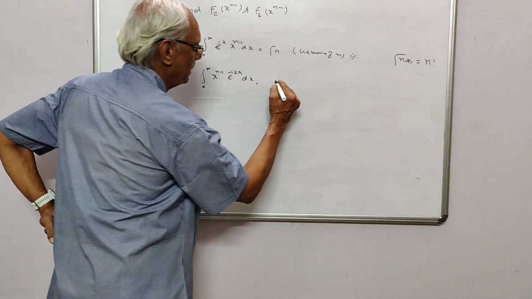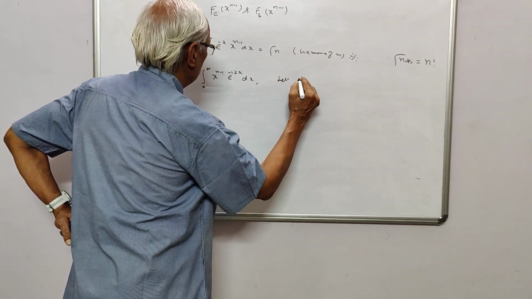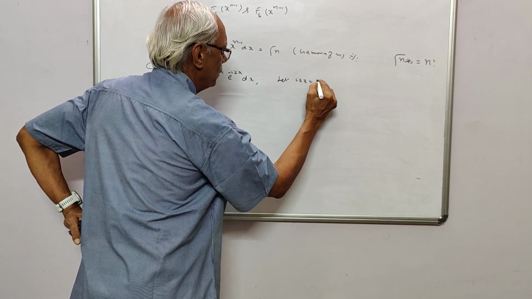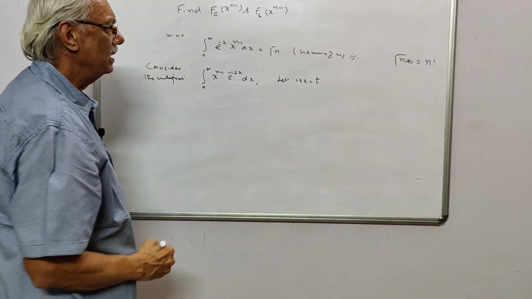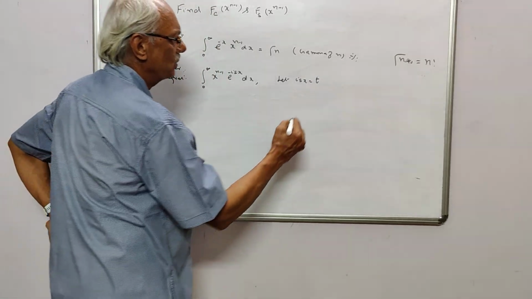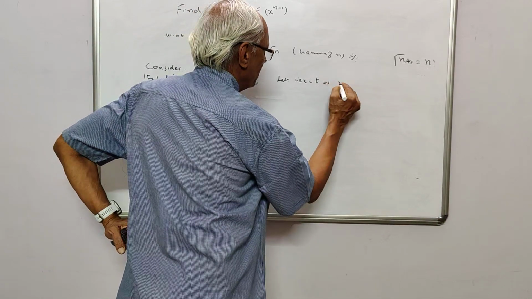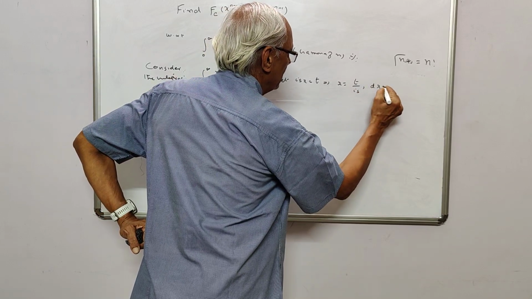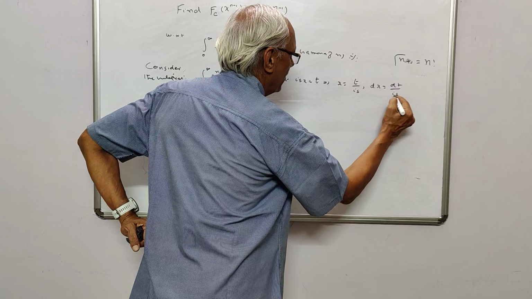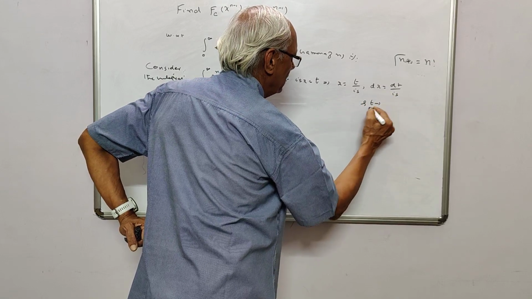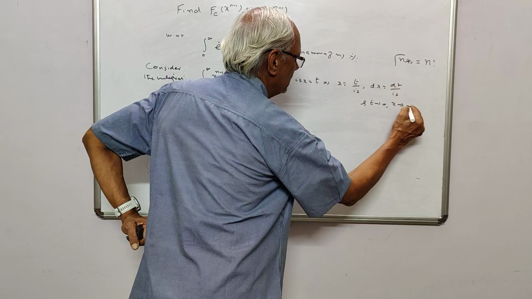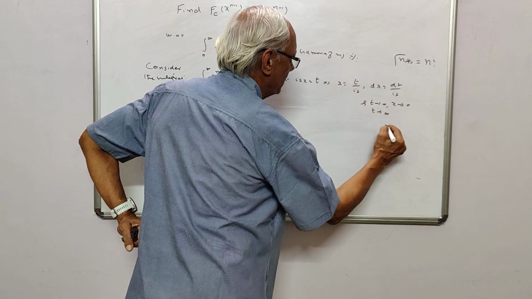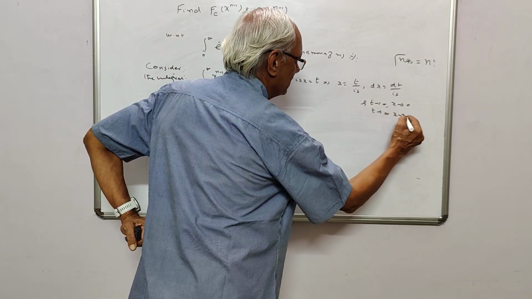Now let isx be equal to t. So this implies x is equal to t by is and dx is equal to dt by is. t tends to 0 when x tends to 0, and t tends to plus infinity when x tends to plus infinity.